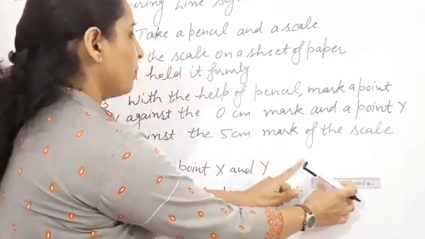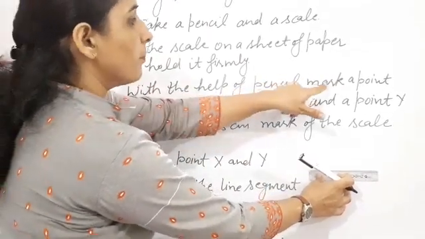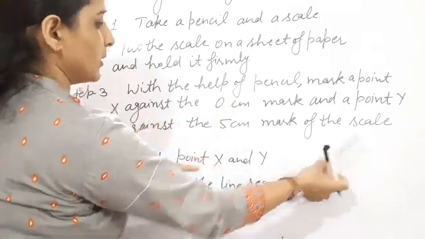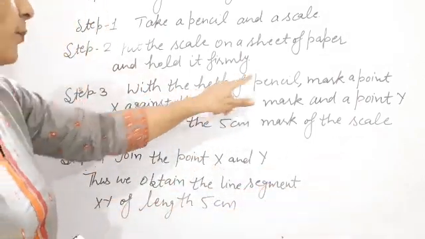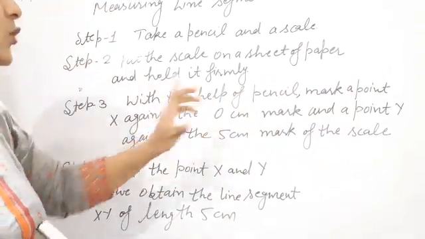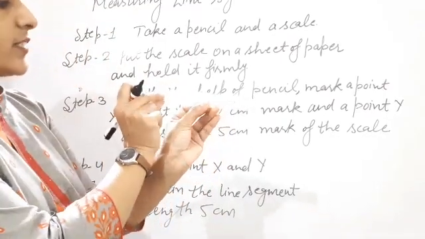And take the pencil. Third step is with the help of the pencil, mark a point X against the 0 centimeter. When we measure, we always start from 0.